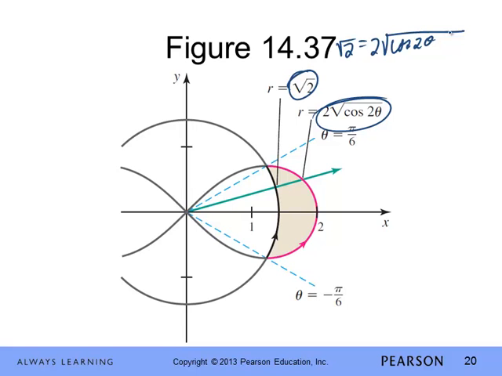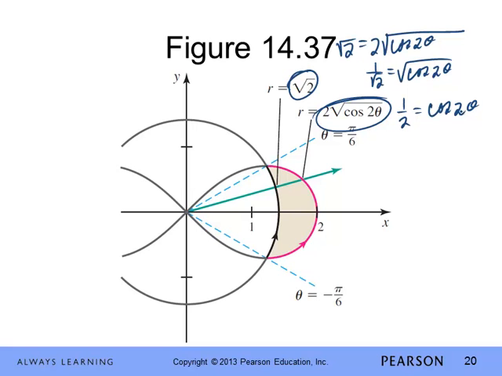Maybe divide both sides by 2. So you have 1 over square root of 2 is equal to square root of cosine 2 theta. Then square both sides. So you got 1/2 is equal to cosine 2 theta. And the cosine function is going to be equal to 1/2 where?